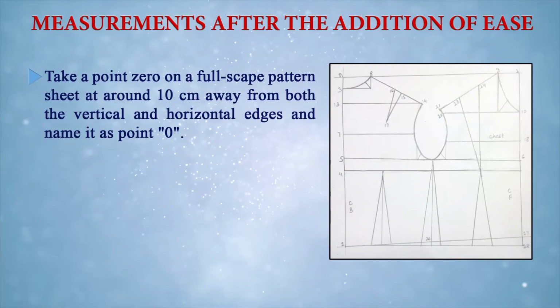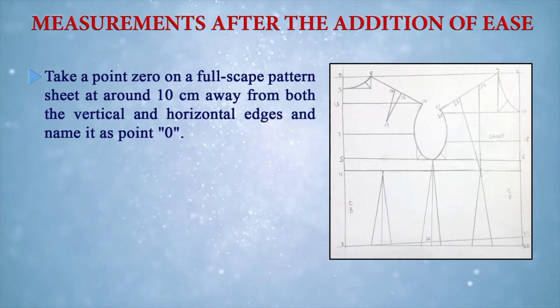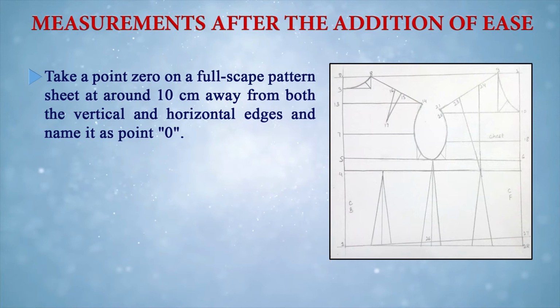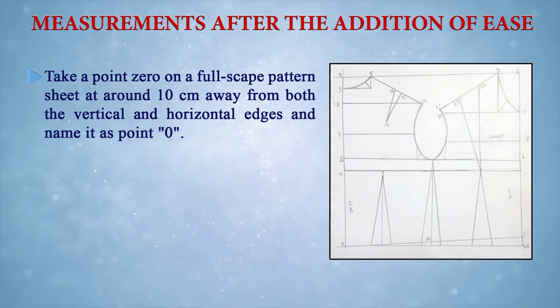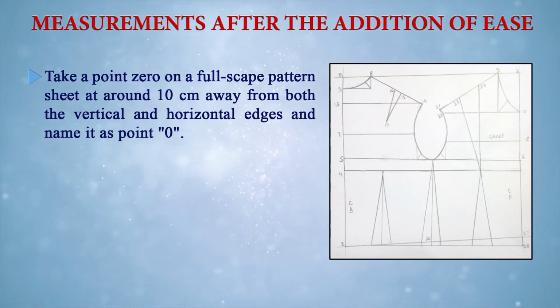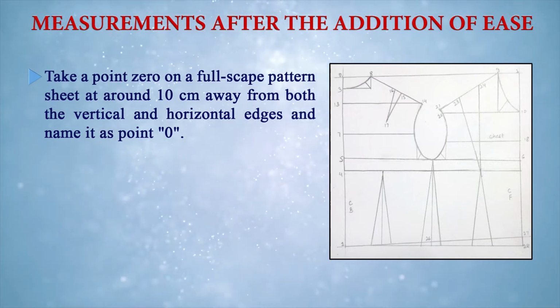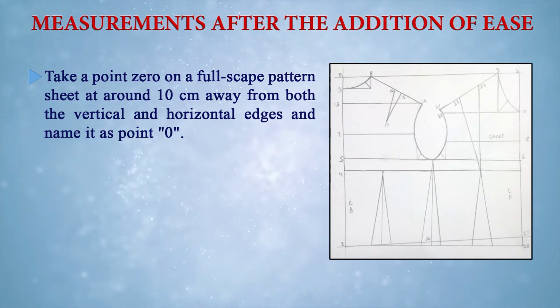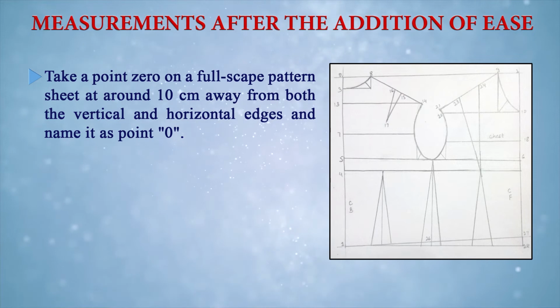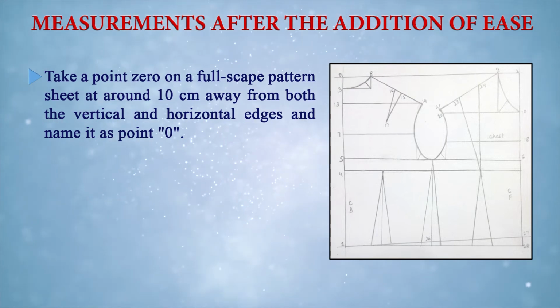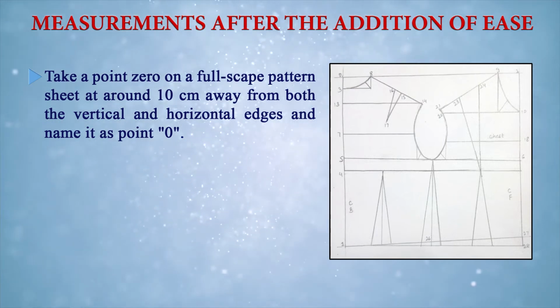You can take a point 0 on the half-scale pattern sheet at around 10 centimeters away from both the vertical and horizontal edges, and name it point 0. If you have a full-scale pattern sheet, then you can take a point 0 on it at around 10 centimeters away from both the vertical and horizontal edges, as you can see in the diagram, and name it point 0.